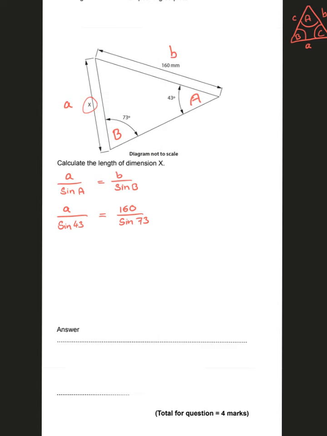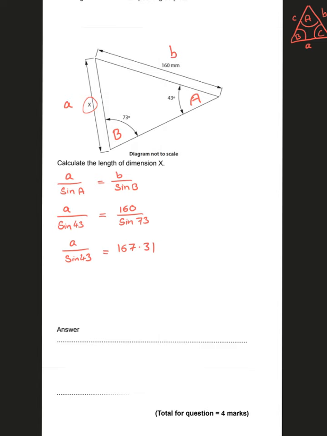So again, you could bring this over already. If you're not great at transposition, a over sine 43 can stay the same. 160 over sine 73 in your calculator will give you an answer of 167.31. And now it should hopefully be that little bit easier to transpose and not as scary looking.